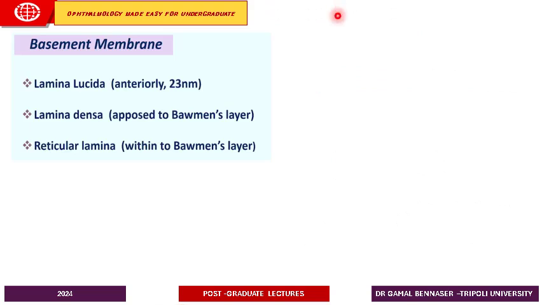Now, when we look at the structure of the basement membrane by electron microscopy, there is important clinically applied information that should be understood very clearly. When we look at the basement membrane, that is the layer below the basal layer, by electron microscopy, we divide it into lamina lucida, which is the electron lucid layer, and lamina densa, which is the electron dense layer below, towards the Bowman's layer, and the reticular layer or lamina reticularis, which is anchoring the basement membrane towards the Bowman's layer.